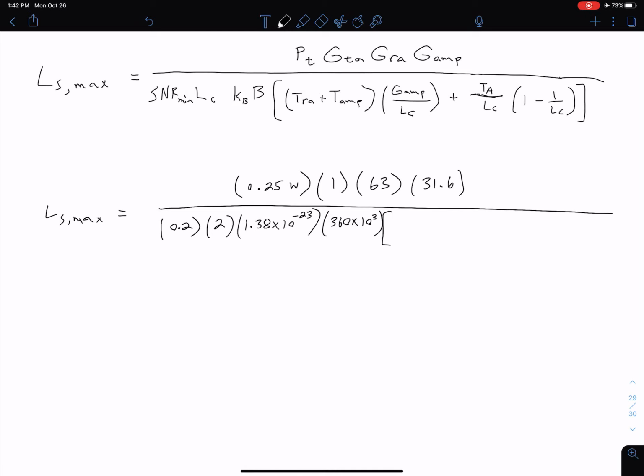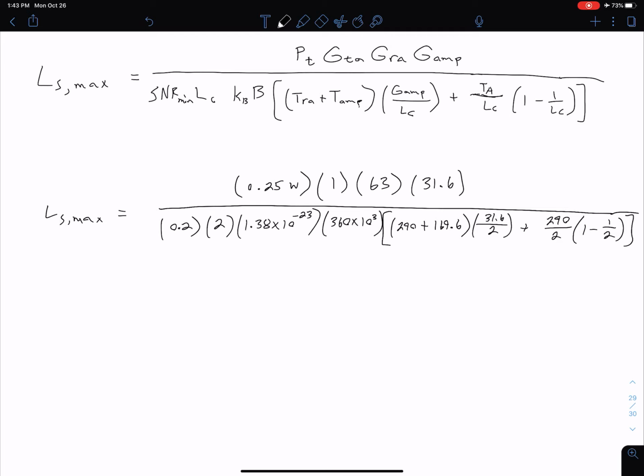And then plugging in for our temperatures, we have 290 K for our antenna temperature, plus the effective input temperature of our amplifier, which was 169.6, multiplied by the gain of our amplifier, so 31.6 in the numerator, divided by the loss of our cabling, which was 2, plus now we have our TA over LC, so our ambient temperature of our cabling, which was 290, divided by LC, which was 2, and then times 1 minus 1 over our LC, which again was 2.